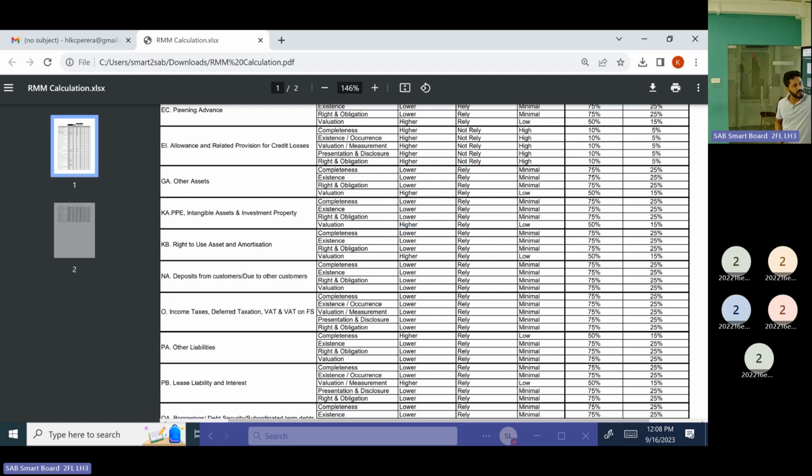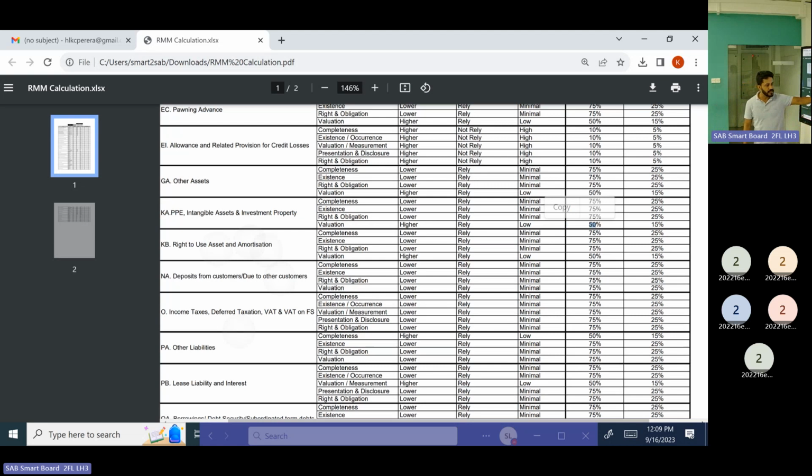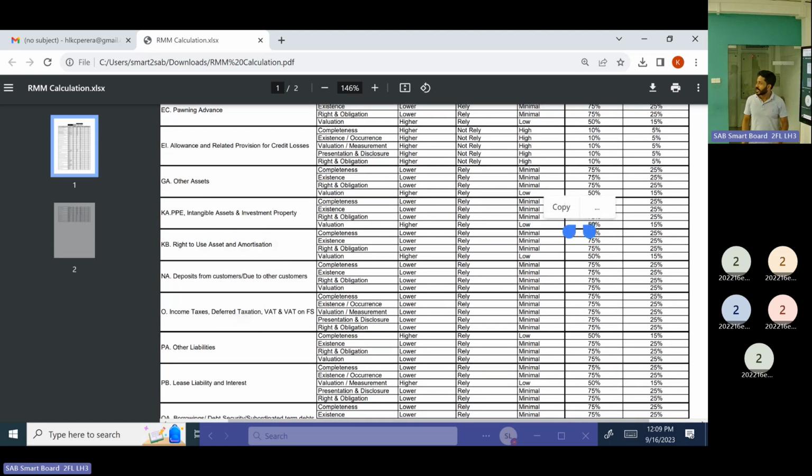So then rely on control, and the scope may be higher. So as an auditor, you have to perform this activity at the assertion level. The risk assessment should be performed at the assertion level. Keep that in mind. I'll share this practical working with you all. You can analyze this, and accordingly you are going to decide on procedures, right?